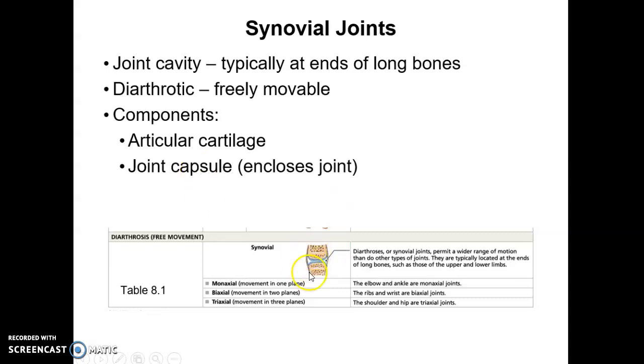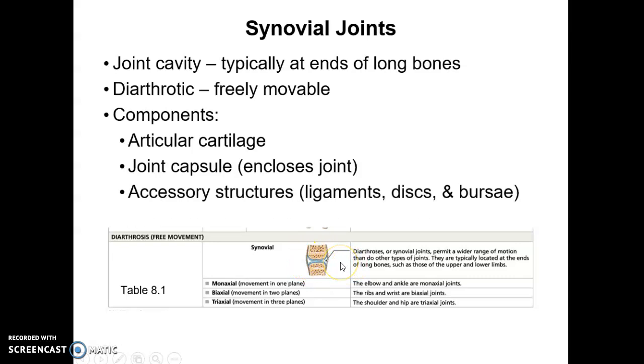They have a joint capsule that encloses the joint, which makes the cavity internally. There are accessory structures, ligaments, which can be external to the joint capsule, and sometimes they're internal. And then also internally there can be discs and or bursae.